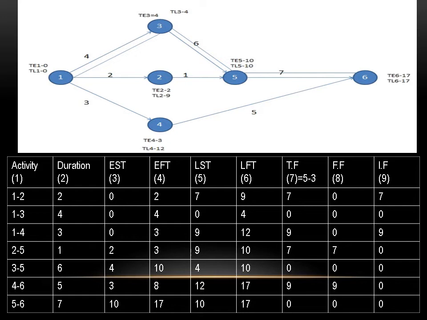Write this formula: EFT is equal to EST plus duration. That is 0 plus 2, 2 for 1 to 2; 1 to 3, it is 0 plus 4, 4; 1 to 4, it is 0 plus 3, 3; and so on. Till 5 to 6, it is 10 plus 7, 17.